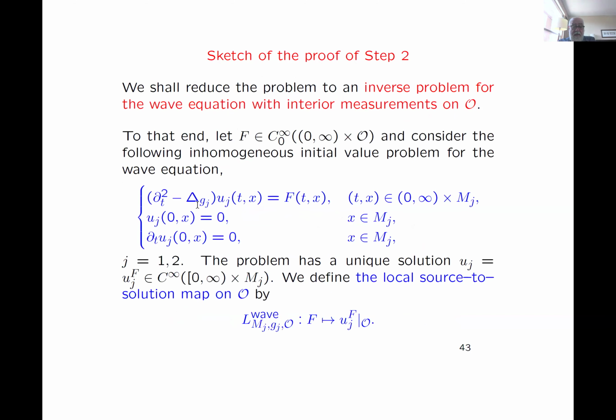Knowing that the heat kernels are the same, you can prove that the wave kernels are the same. And for the wave equation, you can define the source to solution map.